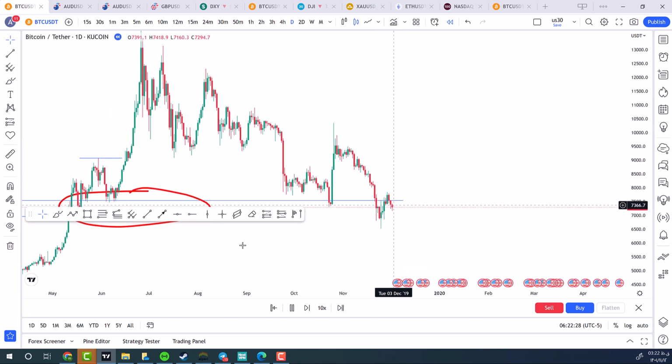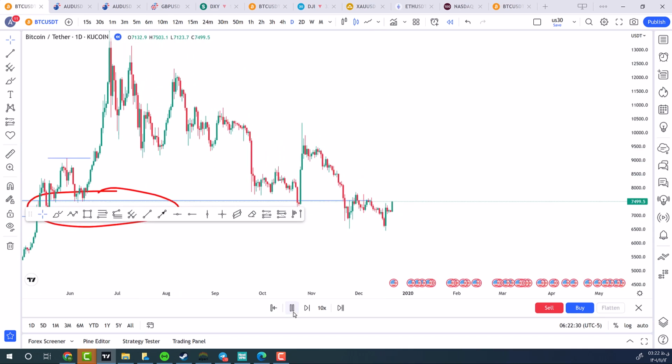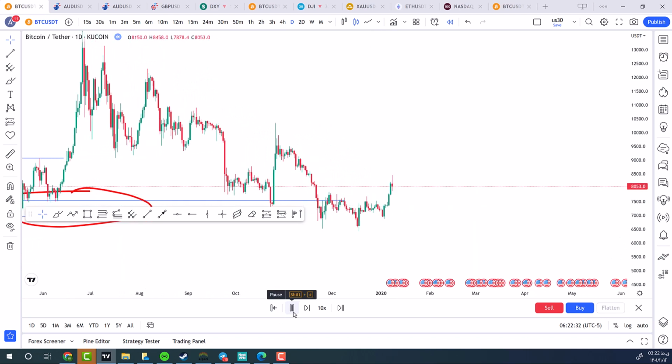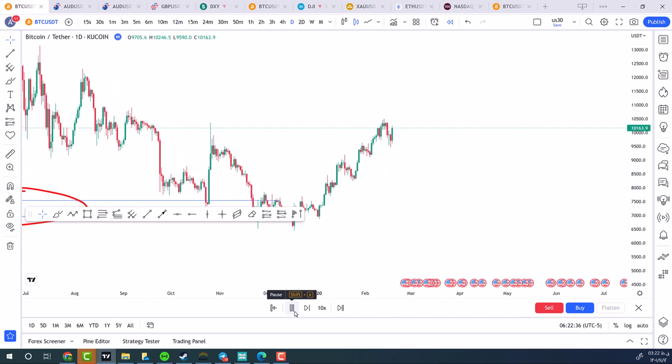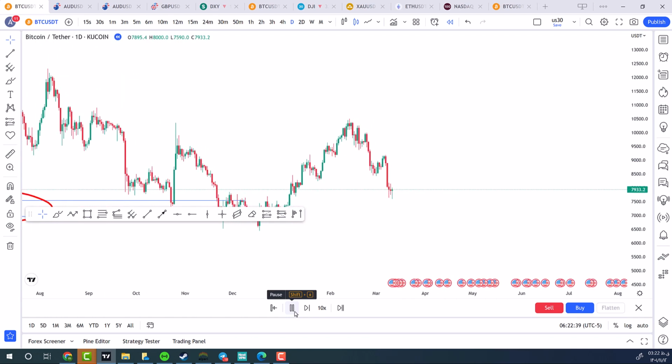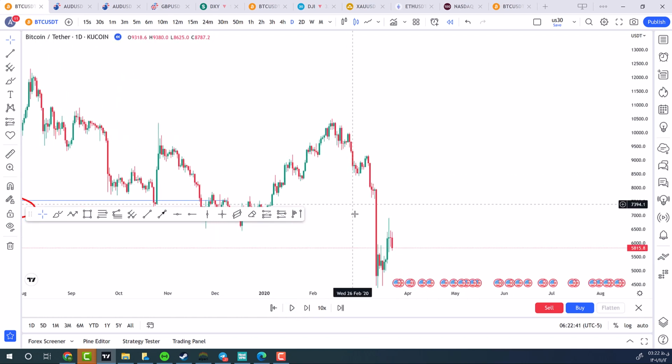And we wait until the low gets broken so we can enter selling trends and selling setups. You can see that it worked out.